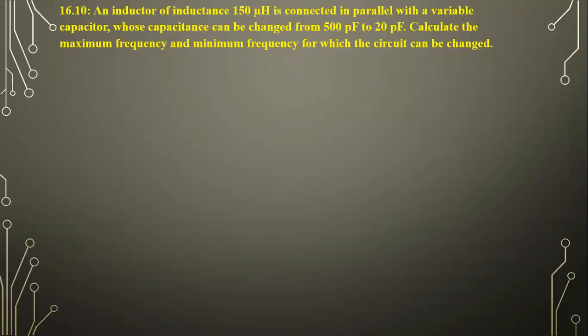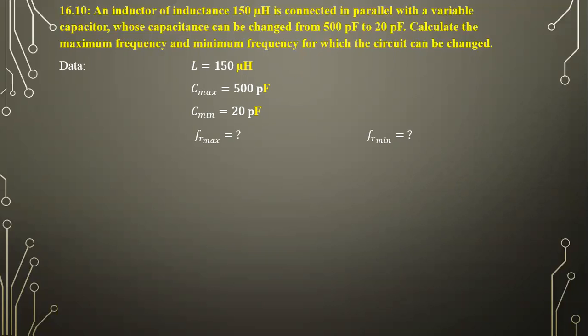Calculate the maximum frequency and minimum frequency for which the circuit can be changed. We have to find both the maximum and minimum frequencies, where the inductance is 150 microhenry, maximum capacitance 500, minimum 20 picofarad. So find the maximum resonant frequency and minimum resonant frequency.